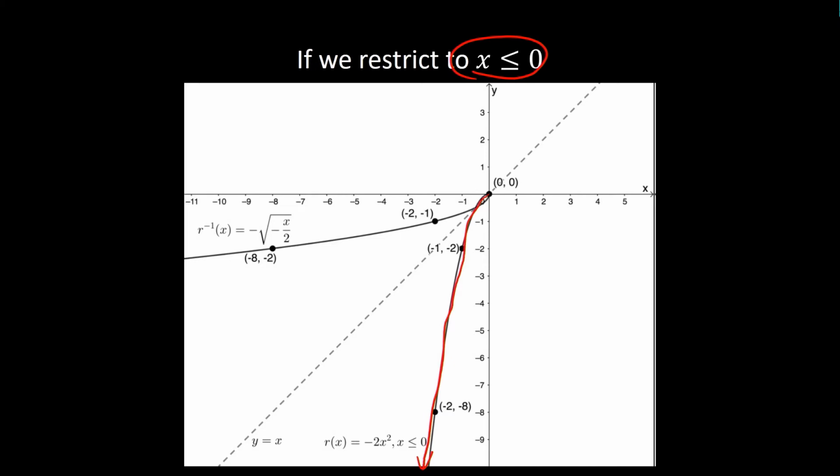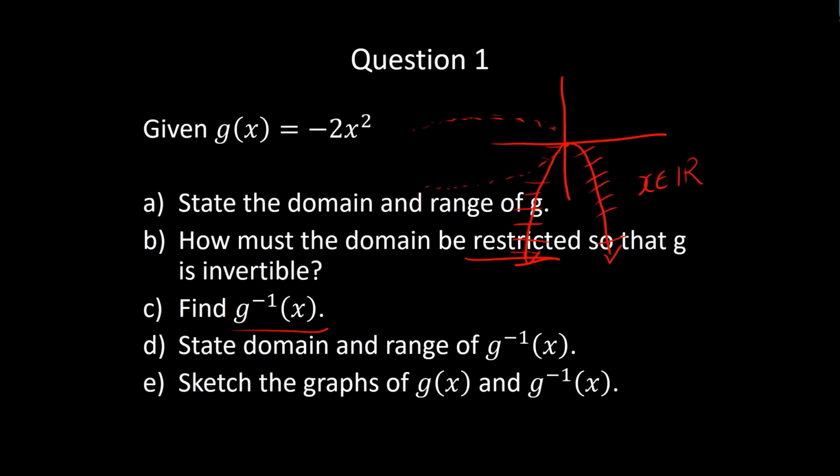All right, let's just in fact clear that up because I think I may have confused some of you there. So we said that the range of the original function was y is less than or equal to 0. Okay, so therefore the domain of the inverse, which is not necessarily a function at this stage, the domain became all the x values that were less than or equal to 0.